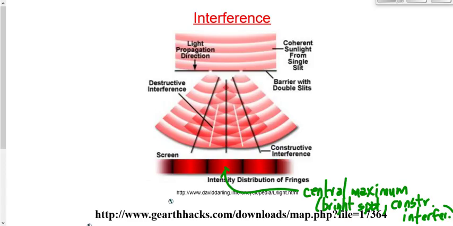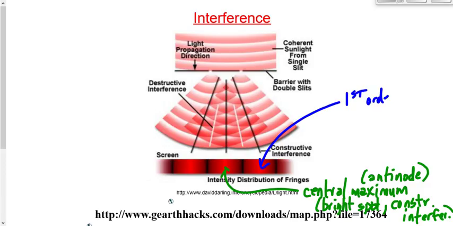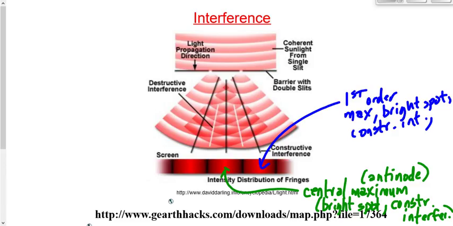As opposed to this one, which we would call, another name for it, maximum bright spot, constructive interference, antinode, versus the one next to it, which would be, not the node, no. This would be the first order maximum, bright spot, the first order constructive interference, the first order antinode.